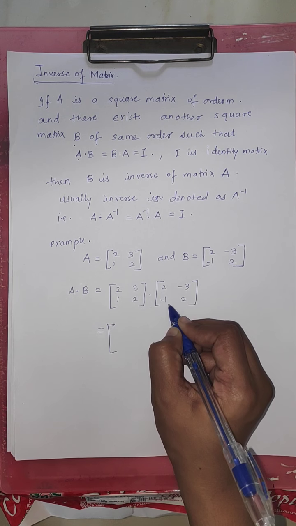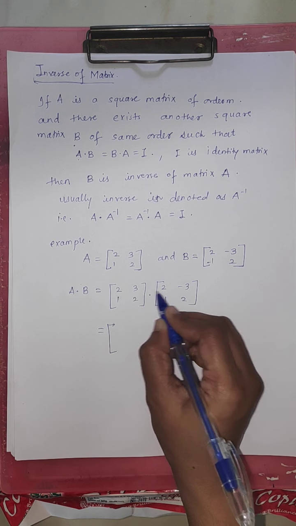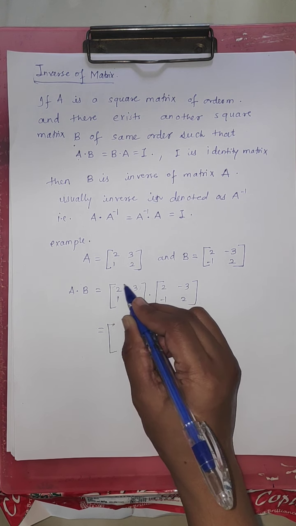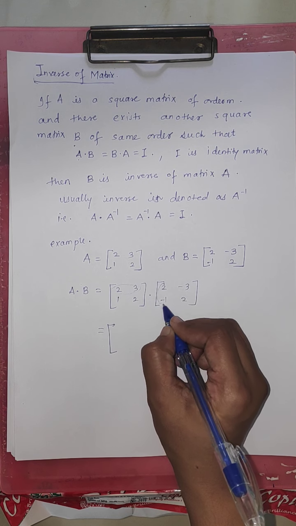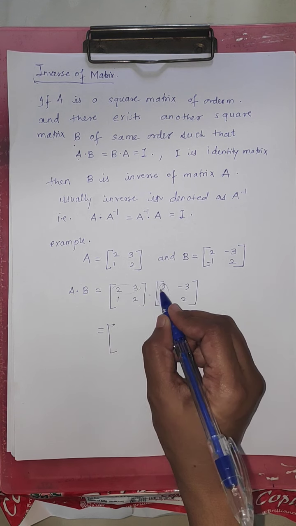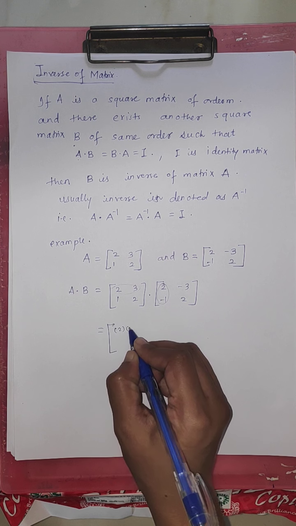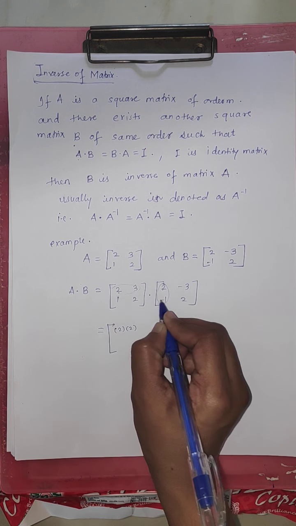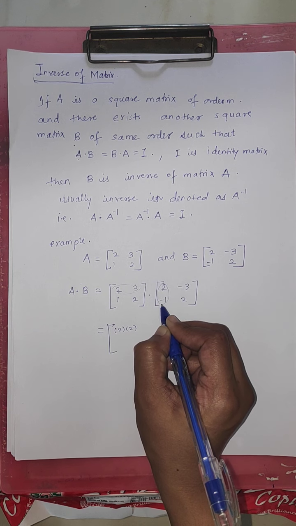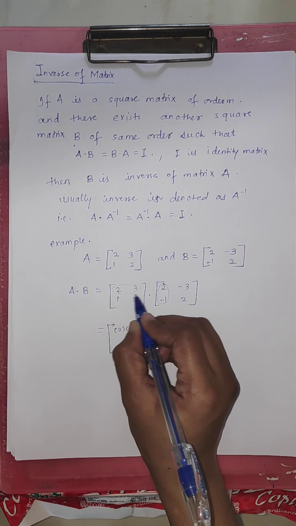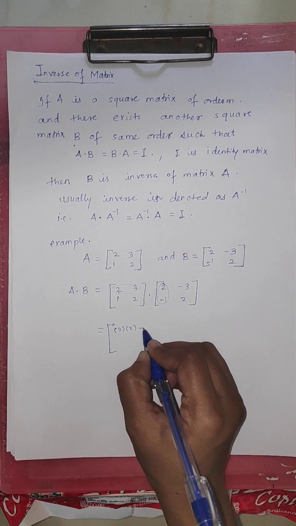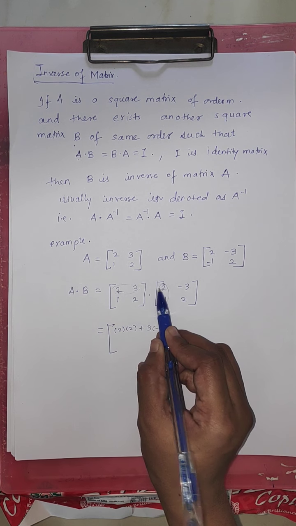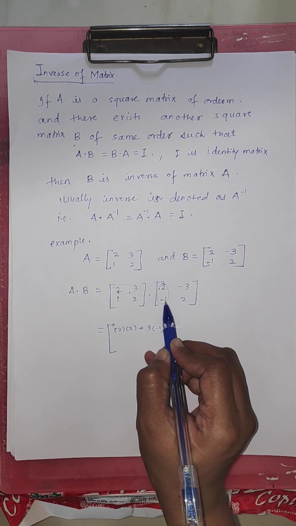First row with first column: the first element of the first row is multiplied with the elements of the first column, 2 into 2 plus 3 into minus 1.